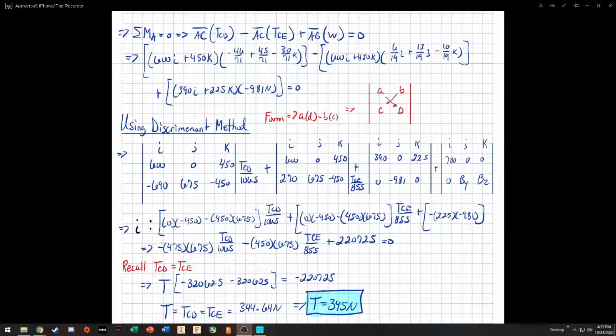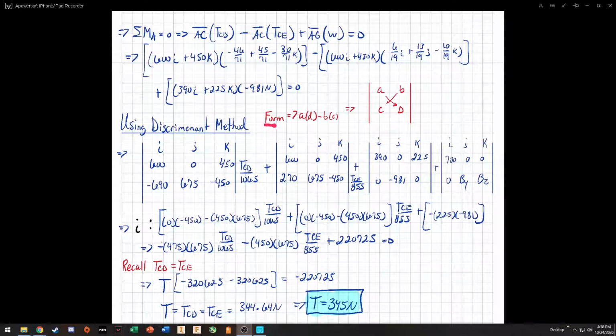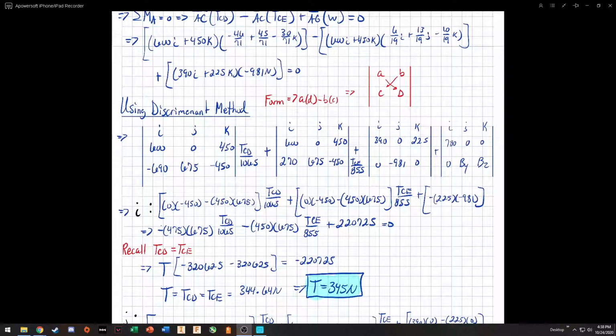When you do that, you're covering up this and this, so you only have these values right here to worry about. In this form, which is a b over c d, you're going to do a times d minus b times c, which is this equation right here. That is how I'm getting all of these values that you see right here.